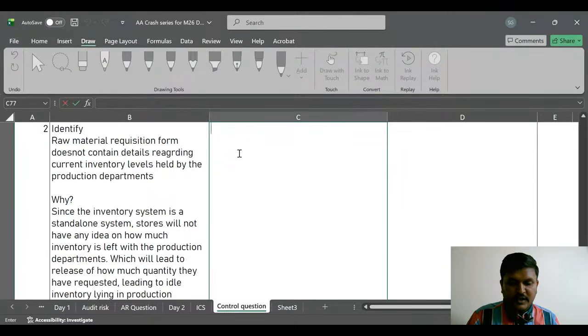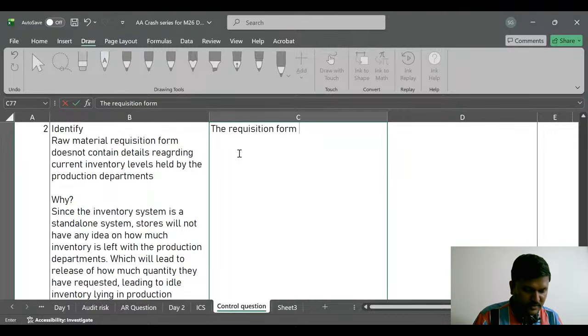So what would be the recommendation over here? We'll make it as: the requisition form should be amended.